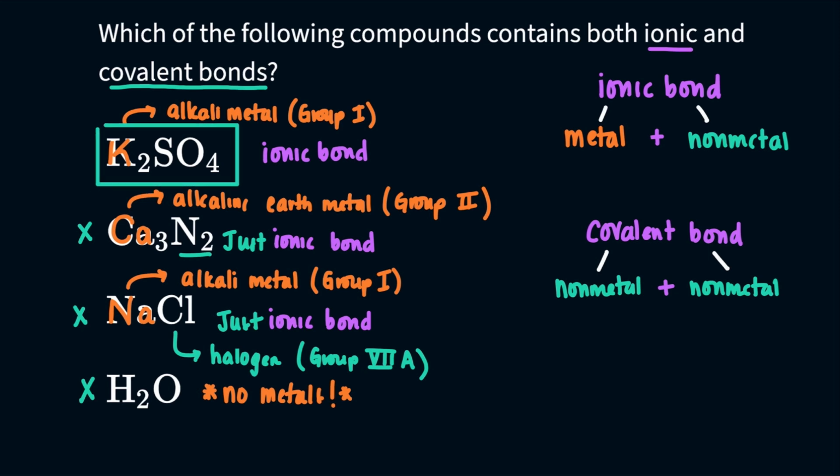Now, in K₂SO₄, we should spot that SO4, from previous knowledge of where we're at in our course, is a polyatomic ion. K₂SO₄ breaks apart into K plus and SO4 minus, sulfate. That's one of your polyatomic ions.